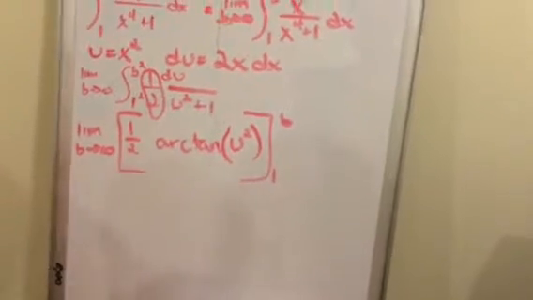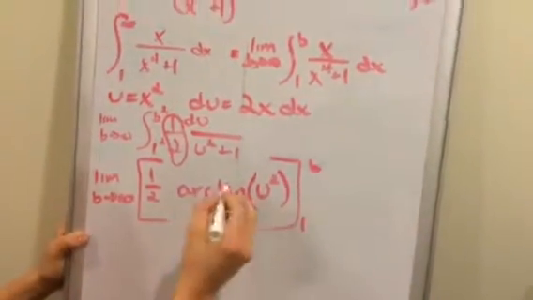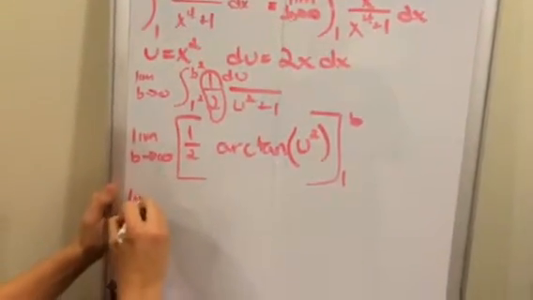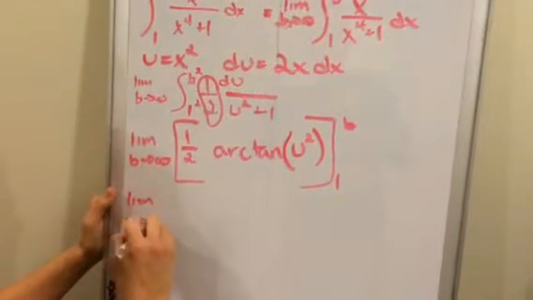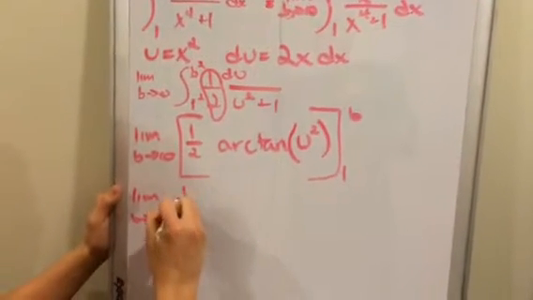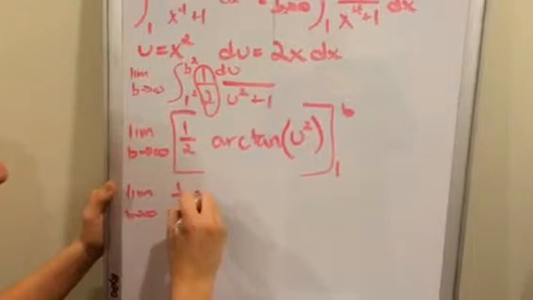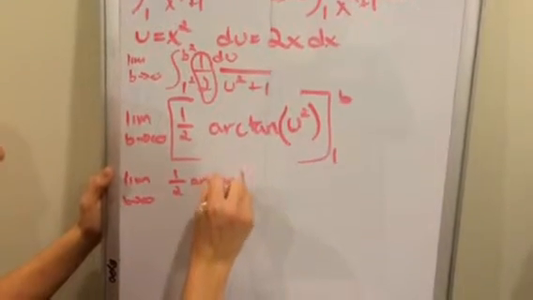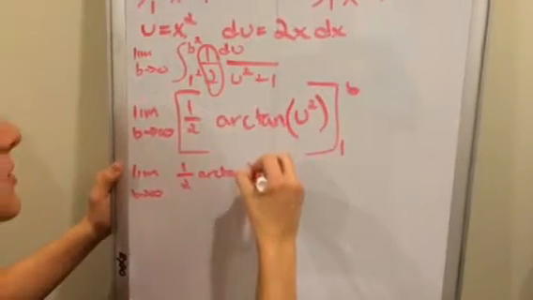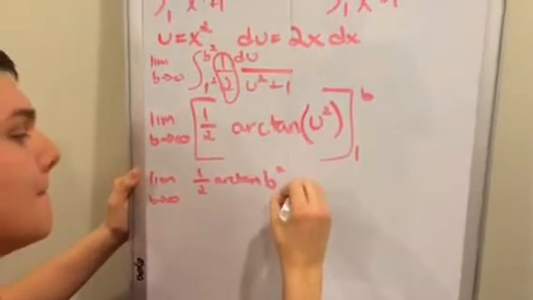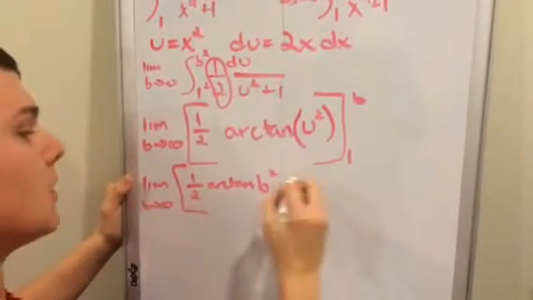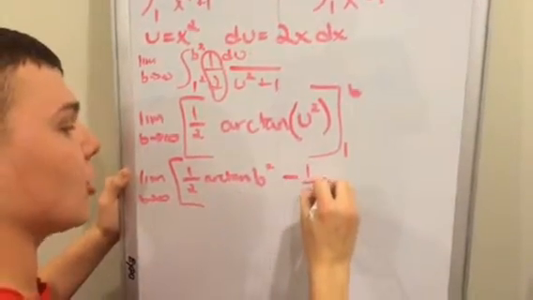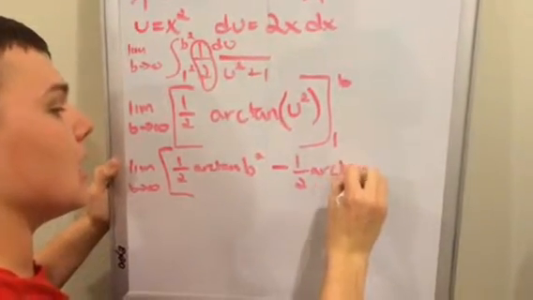That becomes the limit as b goes to infinity of 1/2 arctangent of b squared minus 1/2 arctangent of 1.